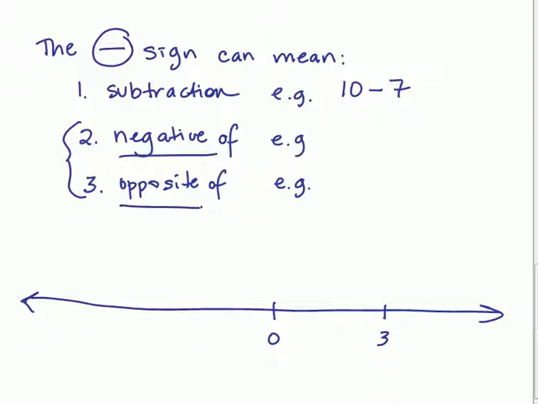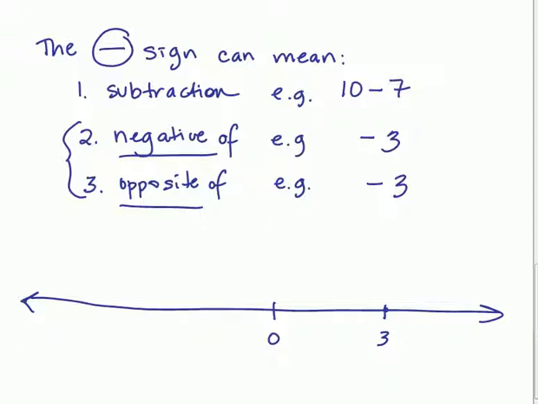So if we write any negative number, let's make that a -3, we can also say that that same symbol, that horizontal line in front of the 3, means the opposite of 3. So let's take a look at what that might mean on the number line. So here's 3, and if we wanted to look at a -3, where would we find that?